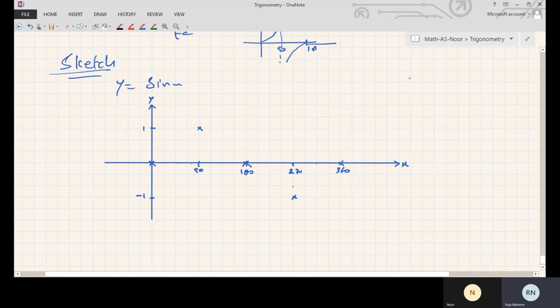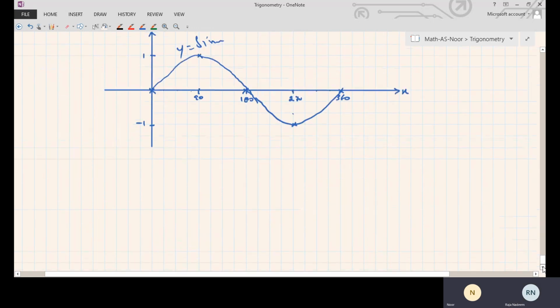As we know the shape of the graph is this kind of wave, by knowing this shape I'll draw and pass through all the points, and I'll get the shape of the graph. So this is the sketch of y equals sine of x. Is it simple?